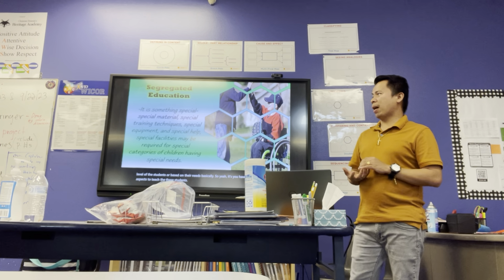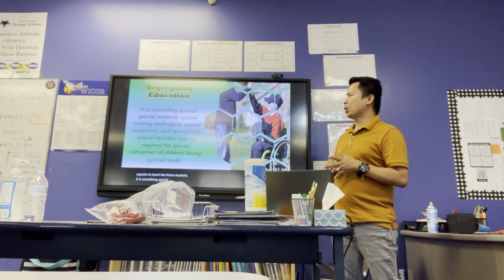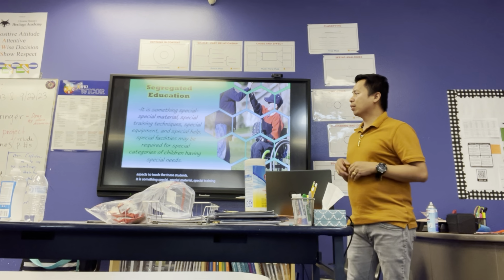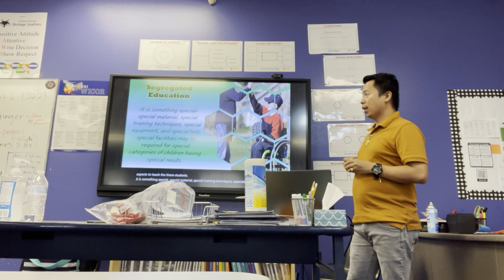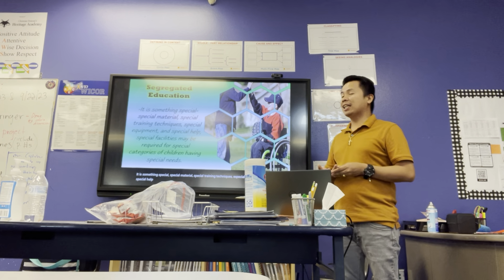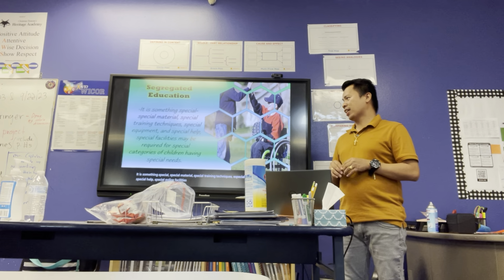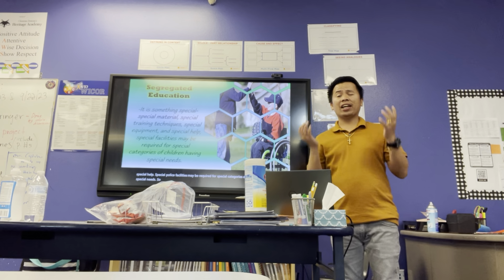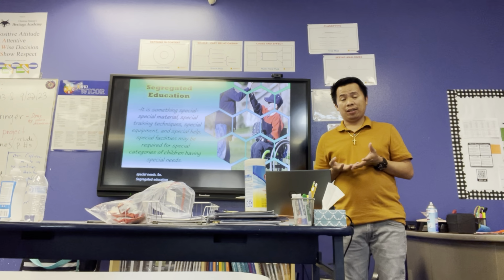It is something special: special material, special training techniques, special equipment, and special help. Special facilities may be required for special categories of children having special needs. So segregated education is special.